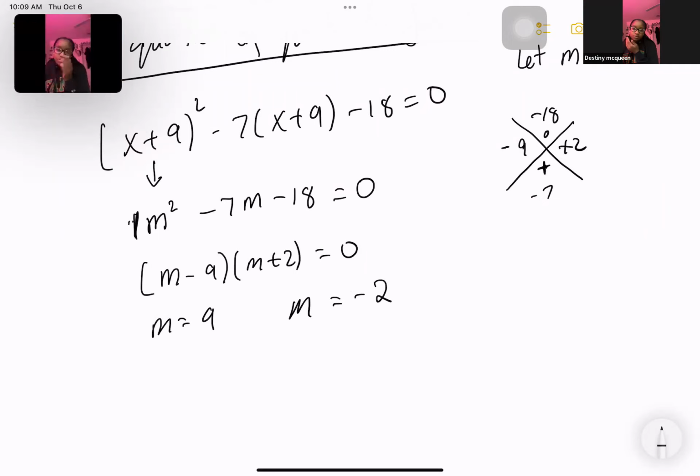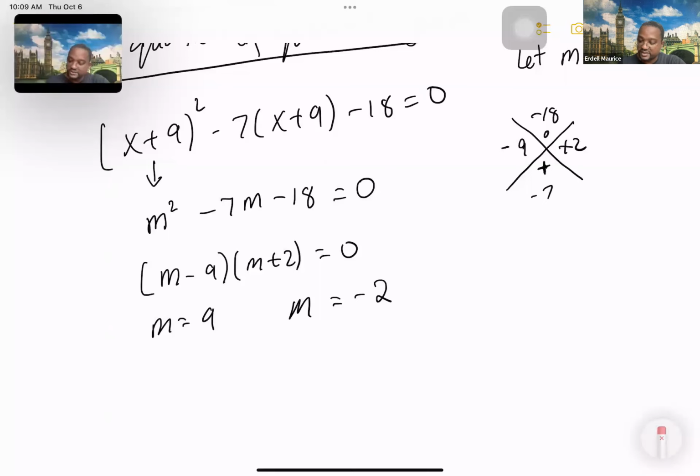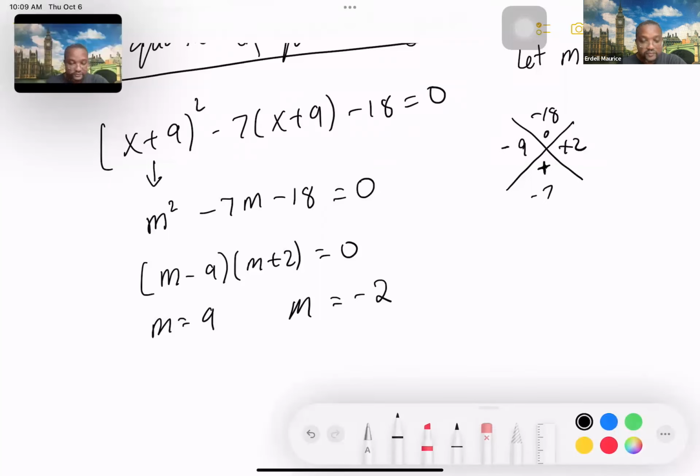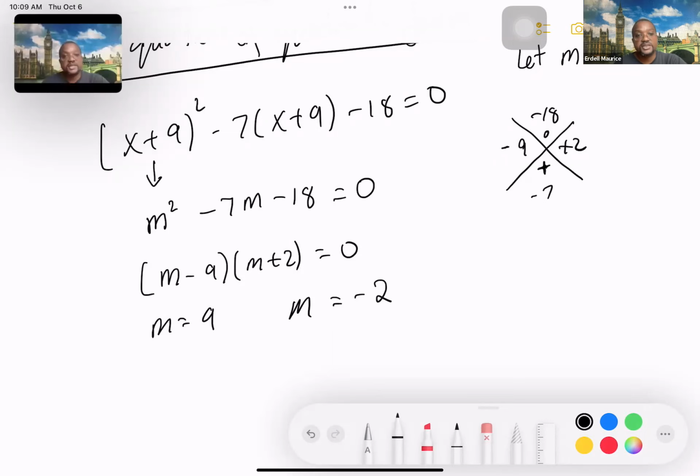I have a question. Go ahead. She was saying, where did you get the 1 from? Didn't you just put the 1 in front of the m as a placeholder, correct? Yes, that's right. If there is no number in front of m, there's a 1 right there. Okay, thank you. Yeah, we're just simplifying the mathematical notation by not writing too many extra numbers.